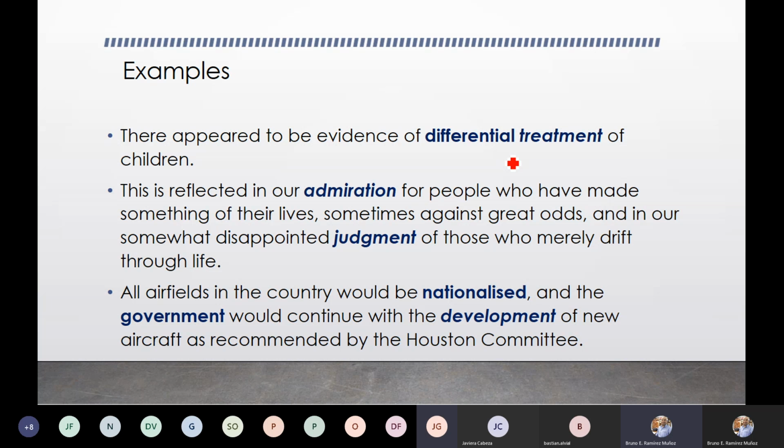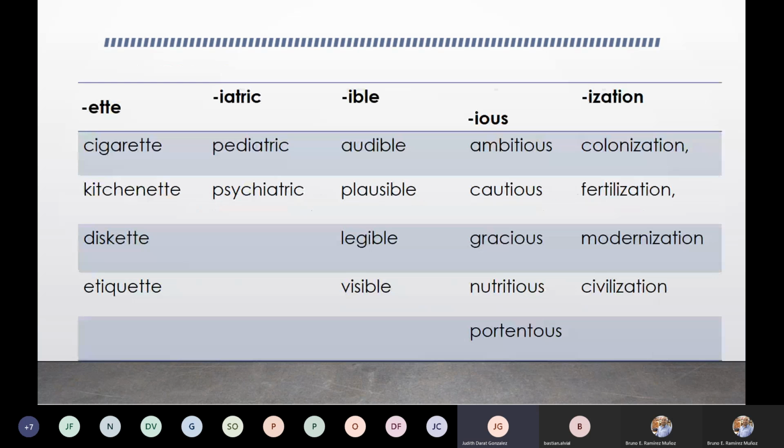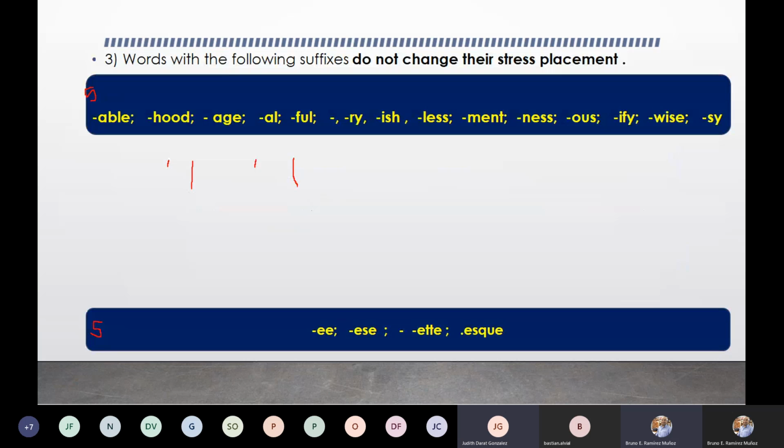I have a question. Can you hear me? I'm loud and clear. Okay. The task is 5 with one suffixes?